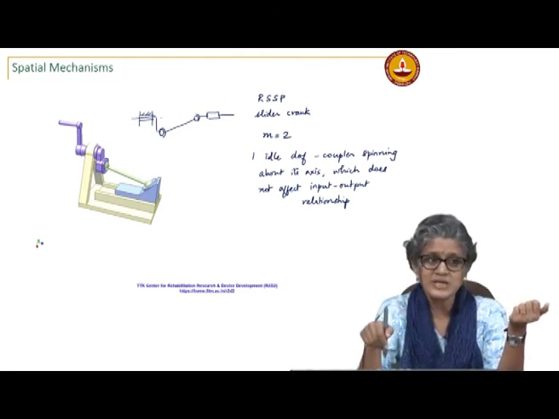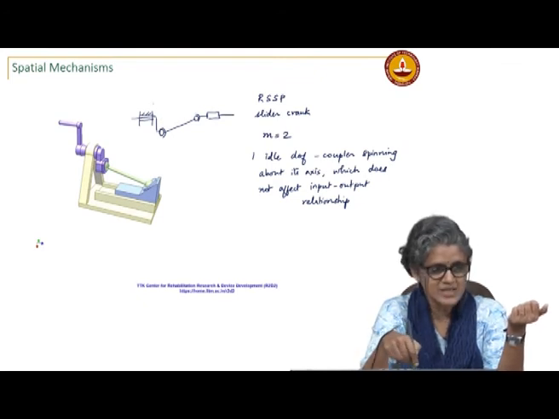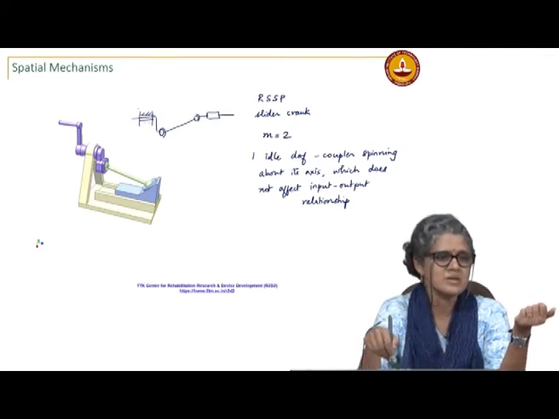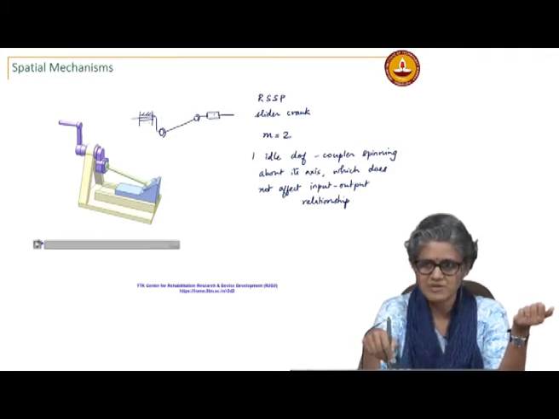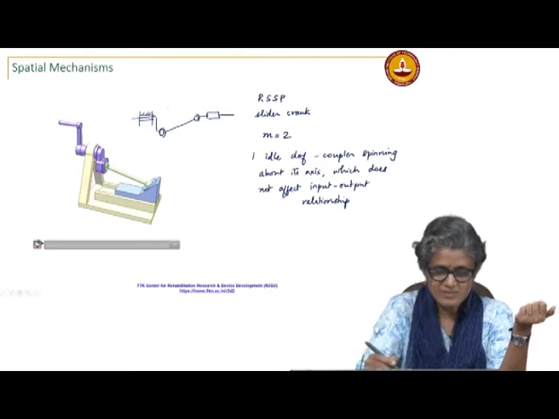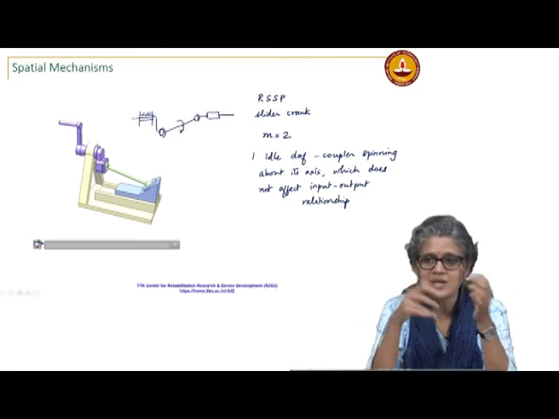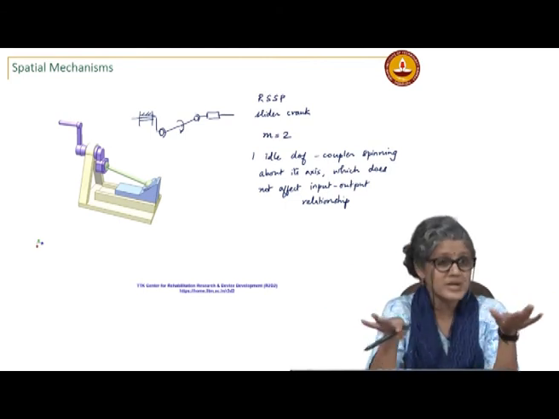It is not mobility equal to 0, where it can't move, because you are moving this link. And this rotation also exists. I can spin this, and again that does not change anything. So the mobility still remains the same.